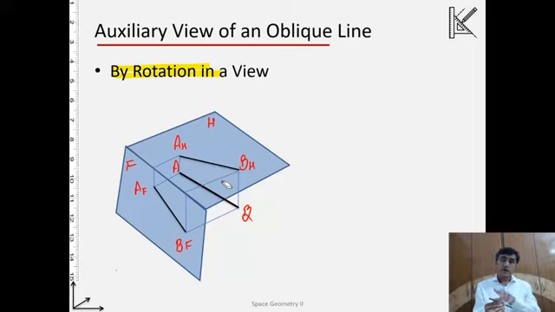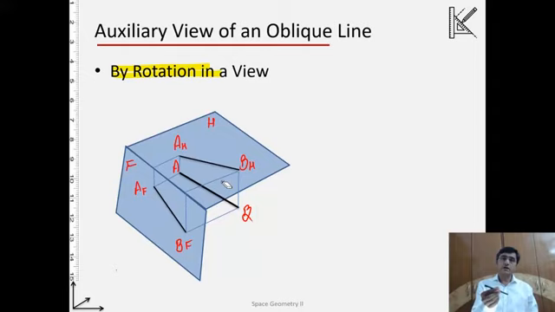When I am rotating it, there is no rotation in the vertical; the only rotation is in the horizontal. So this end is moving in the horizontal plane, while this end is fixed. Now this line is parallel to the frontal plane. Its projection on the frontal plane will now be the normal view. That's the important thing: its projection will be the normal view on the frontal plane.